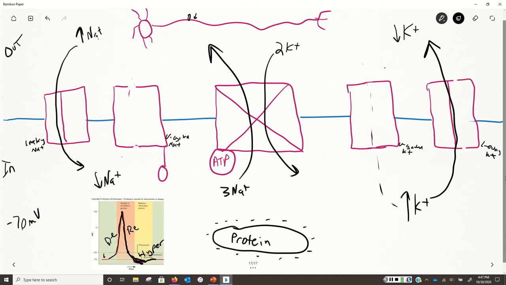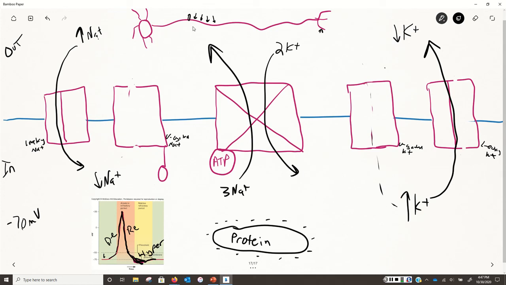But it starts to rise from negative 70 to negative 65 to negative 60, and then it gets to negative 55 threshold, and it repeats. And then it repeats right here, and right here, and right here. So it's like we knocked a domino over, and that domino knocks over the next domino, and it repeats all the way down until we get to the axon terminals.